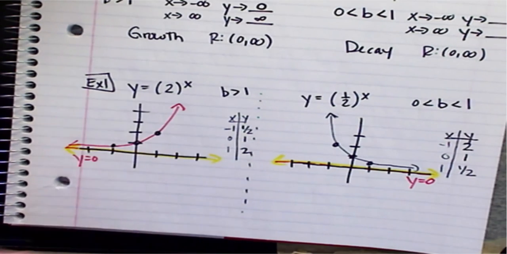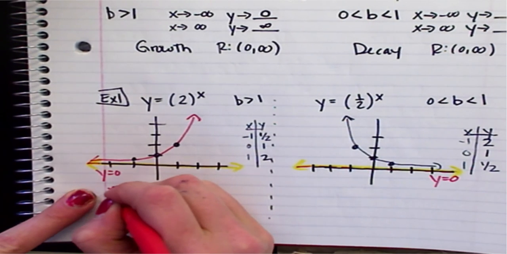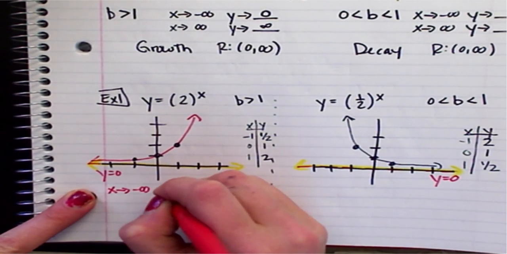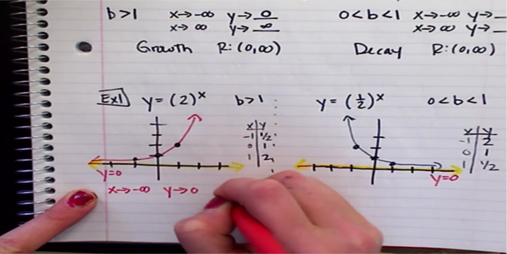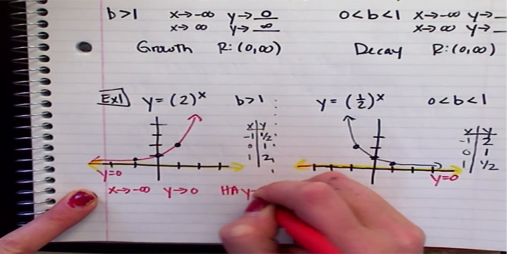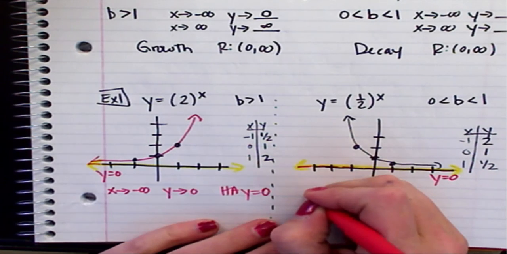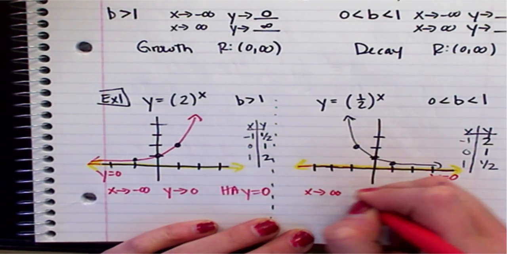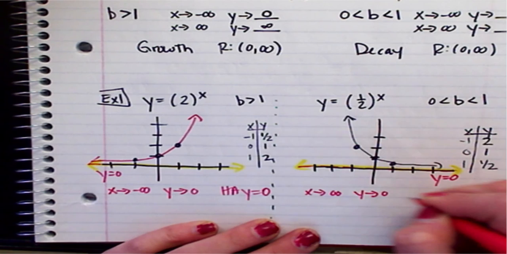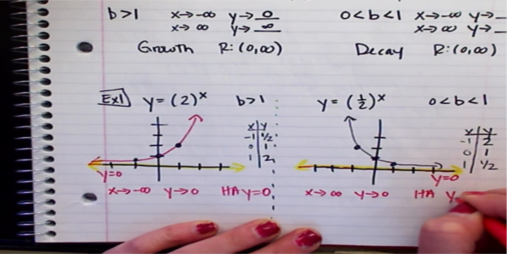Okay, I'm going to write my end behavior statement. X arrow negative infinity, y arrow 0. That's what gives me the HA of 0. Right? Unit 6, we had a hard time connecting that statement. Here it is again. X arrow positive infinity, y arrow 0.